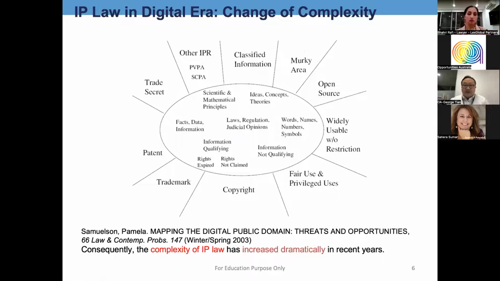Nowadays, the complexity of intellectual property is much greater than in previous years. Traditionally we have patent, trademark and copyright, but now we also have big data, personal information, metadata, health information, fair use, the open source movement, and many other intangible asset related issues.